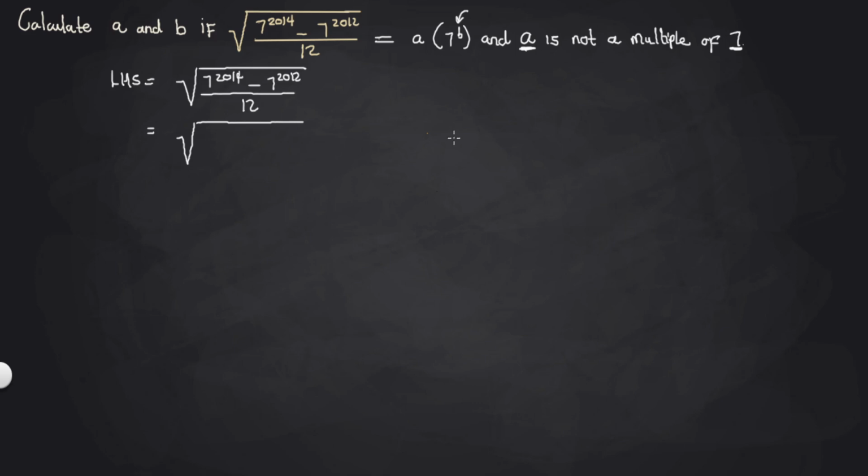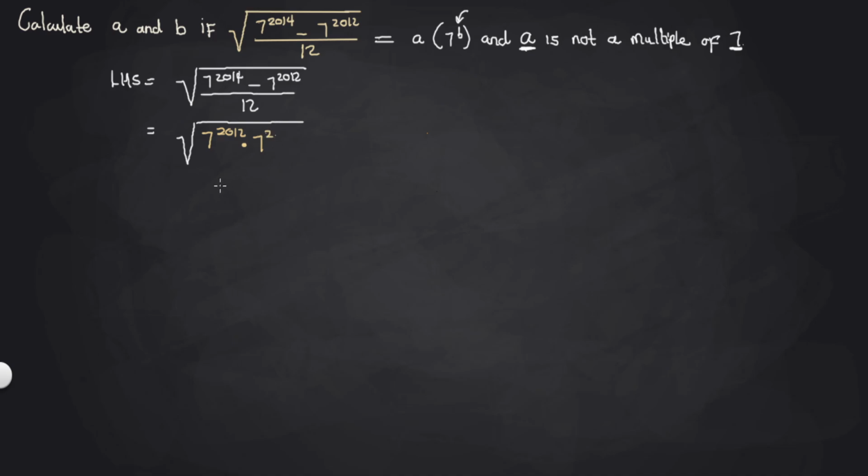So 2012 is saying to us the other exponent 2014, that whole power must be broken up in such a way that it's a product of a power with exponent 2012 and something else. So this 7 raised to exponent 2014 can be broken up to 7^2012 multiplied by 7 raised to exponent 2.